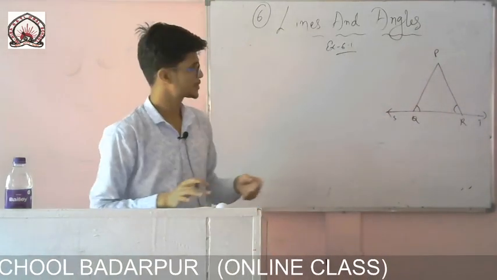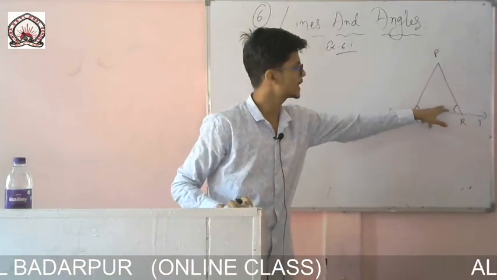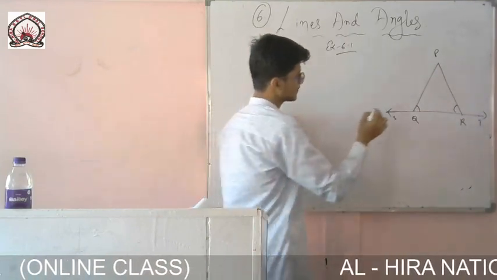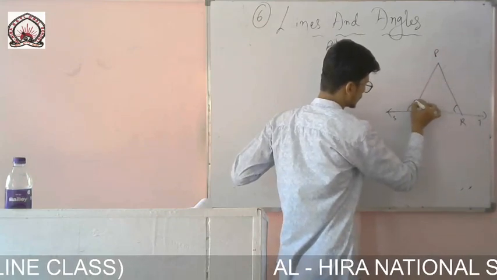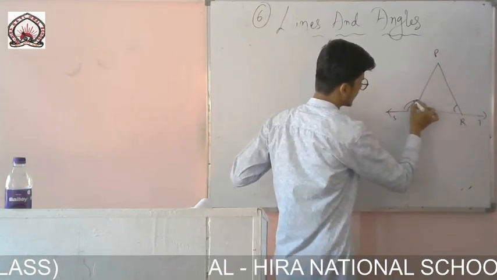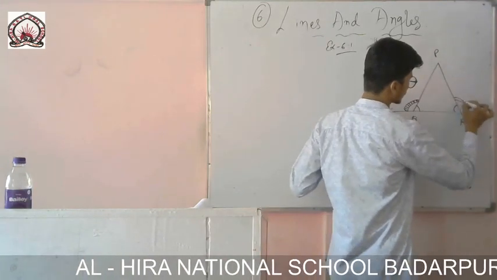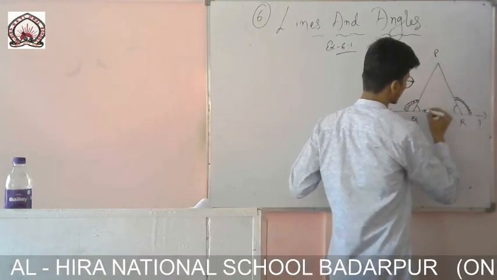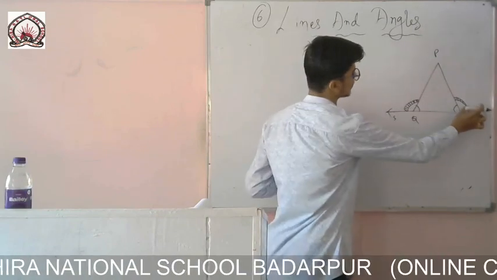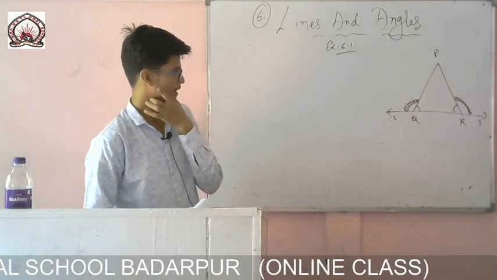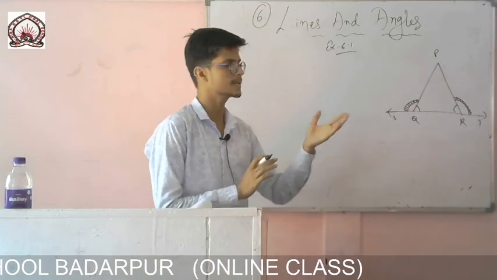So you see the question here, given that these two angles are equal and you are to prove that angle PQS, that means this side, will be equals to that one. Okay, so this angle is equals to that one, I have to prove. So it will be very easy to solve actually.